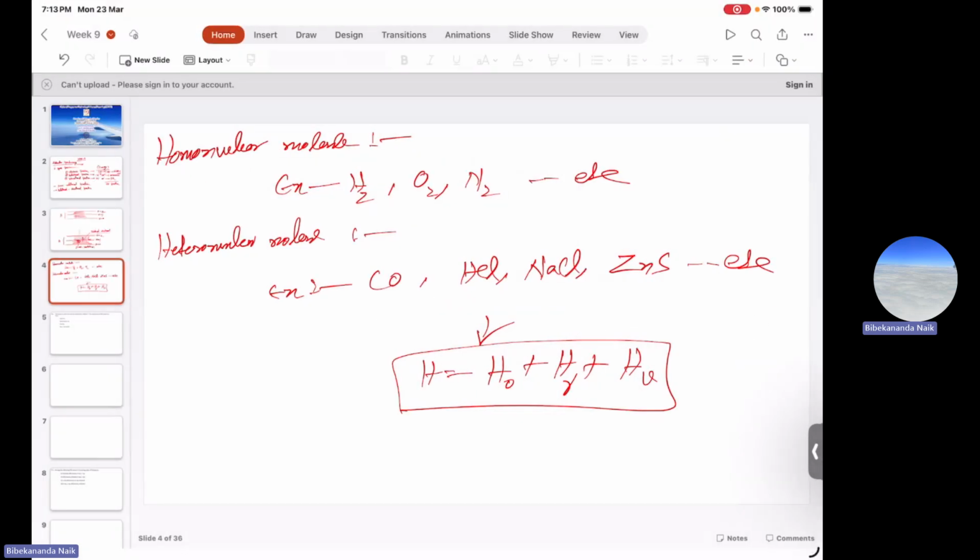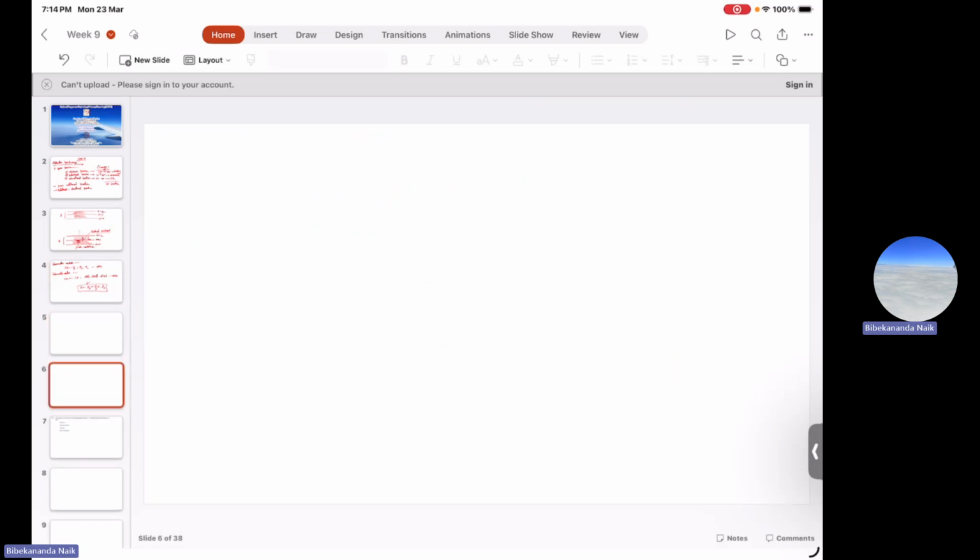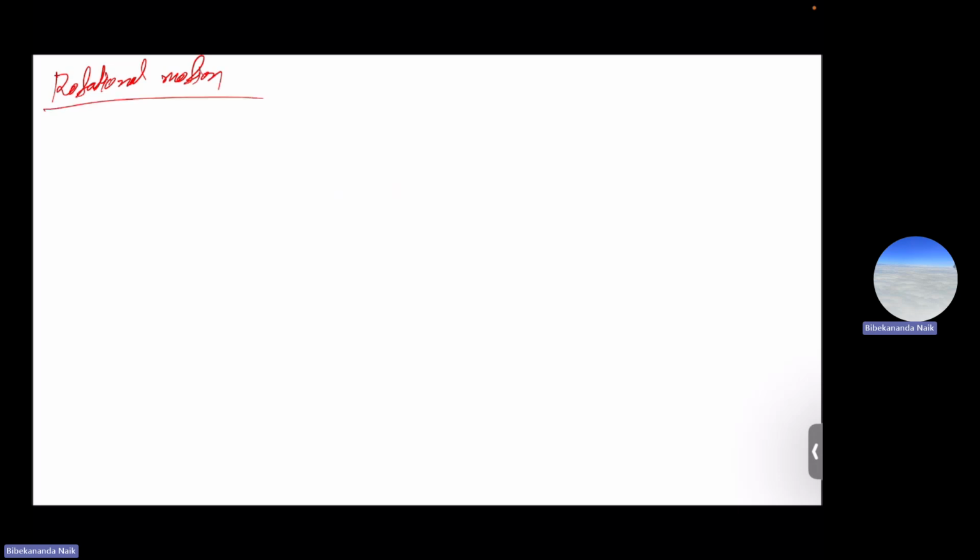In this week, it was mainly discussed about rotational spectra. If you talk about rotational motion, the concept of reduced mass comes into the picture, where mu is m1 m2 divided by m1 plus m2.